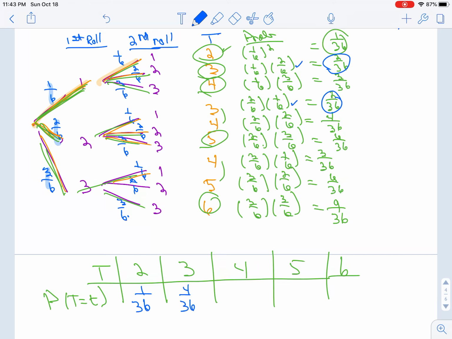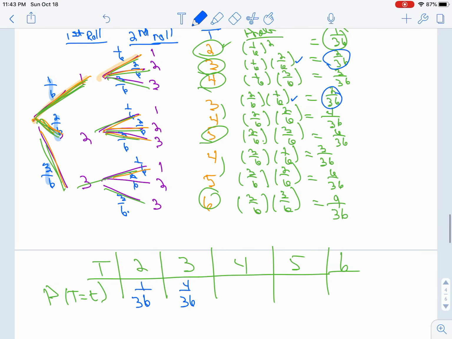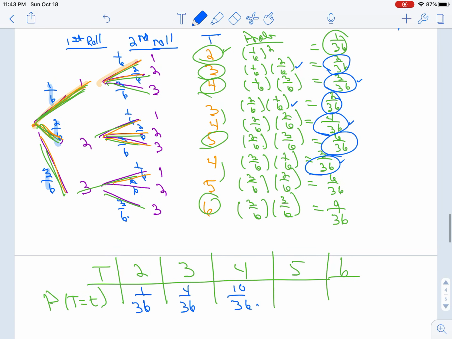I'm going to leave these unsimplified because we want to verify that they add up to 1 when we're finished. To get a 4, it's 3/36 plus 4/36 plus 3/36, which adds up to 10/36. To get a 5, there are two ways: 6 out of 36 and 6 out of 36, so that's 12 out of 36. To get a 6, 9 chances out of 36.